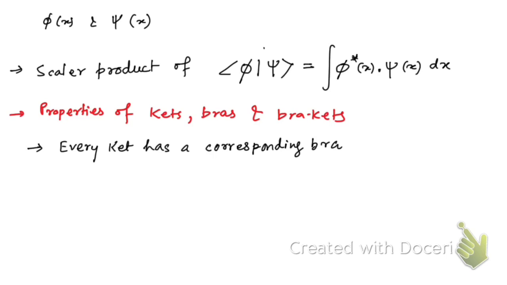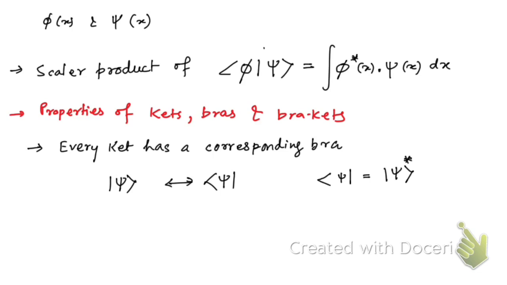So this is the ket vector psi, then its corresponding bra vector is this bra vector psi. The bra vector psi is the complex conjugate of the ket psi.